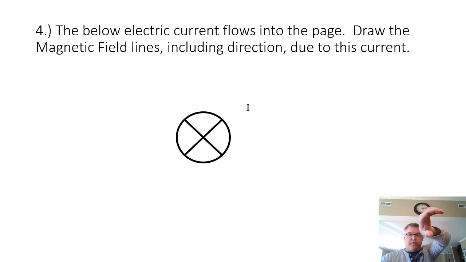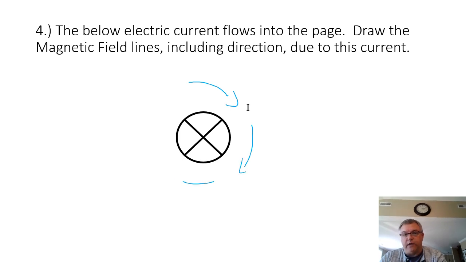And as I curl my fingers around, you can see my fingers are curling in a clockwise direction, and they continue to go clockwise around the current. So my magnetic field is going to be going in a clockwise direction around the wire, like so.